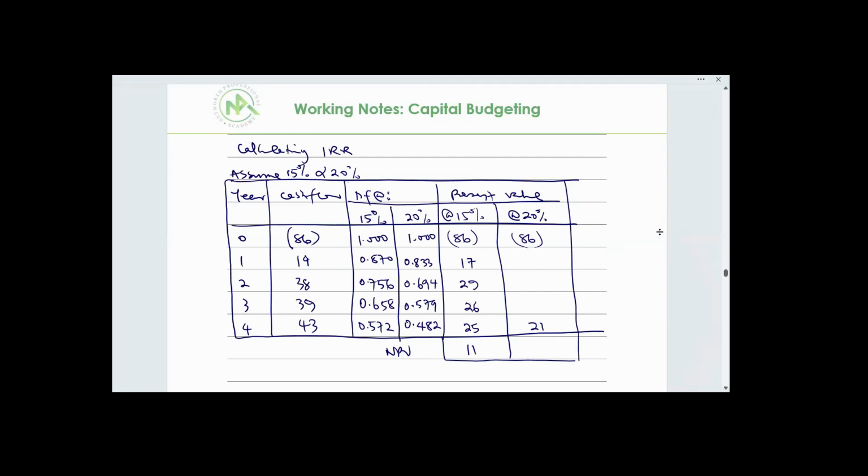Year 3 is 23. Year 2 is 20. So 14 plus 20 plus 23 plus 21, what do you get? 78.